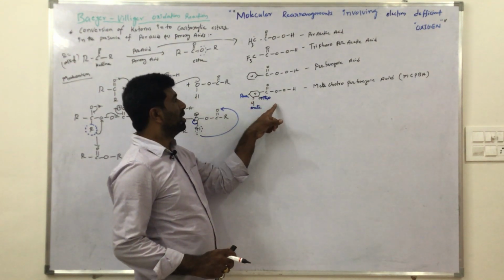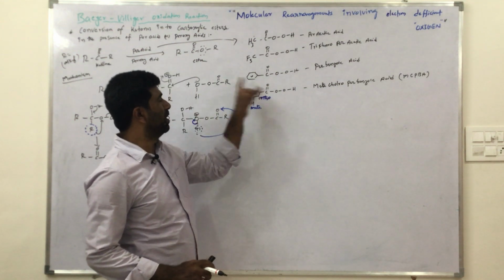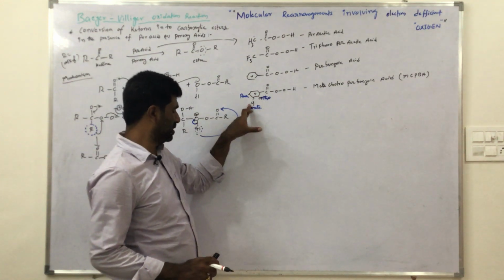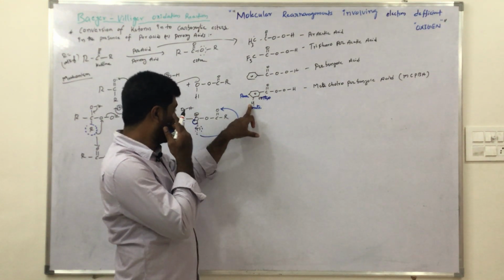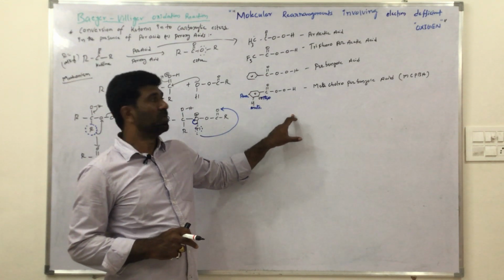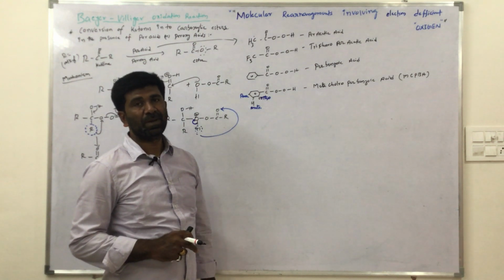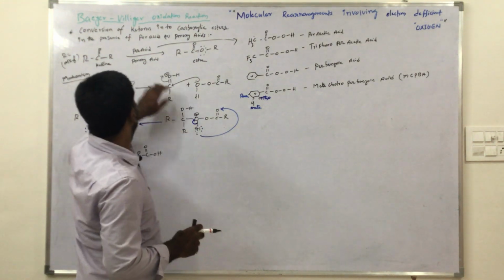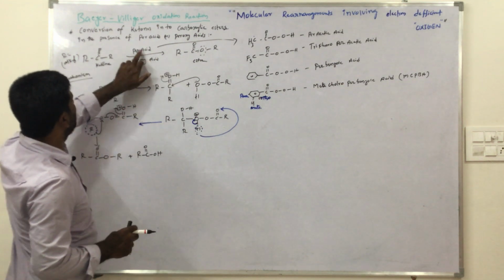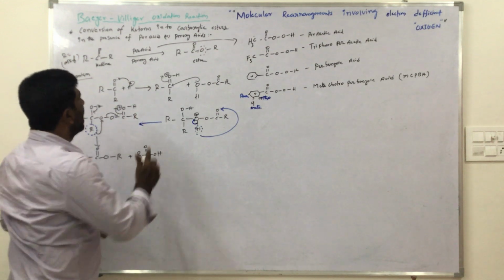That's why if we use meta-chloroperbenzoic acid in the Baeyer-Villiger reaction, the yield is more. Always in our synthesis work we use meta-chloroperbenzoic acid.